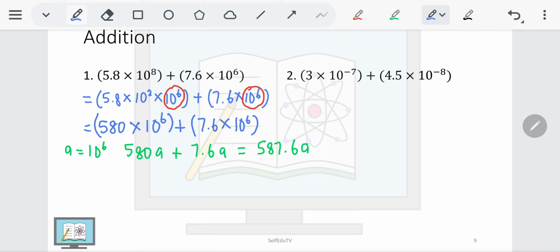So after I add, please take note that you don't have to show the step written in green. You don't have to show that actually. So you can straight away just add.